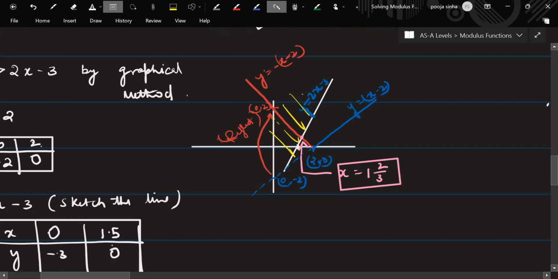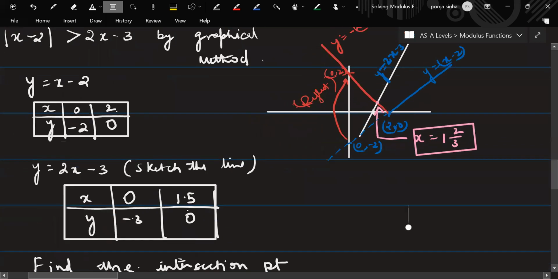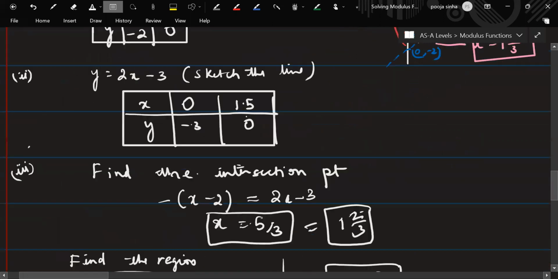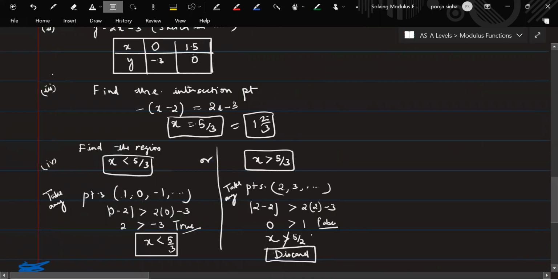Other side is this side. Okay. 2x minus 3, there are two sides to it, right? One side and the other side. You have to tell which side is greater, where x minus 2 is greater. That could be either positive or negative, right?